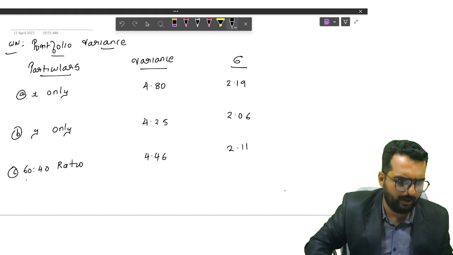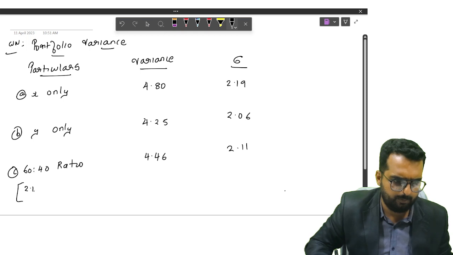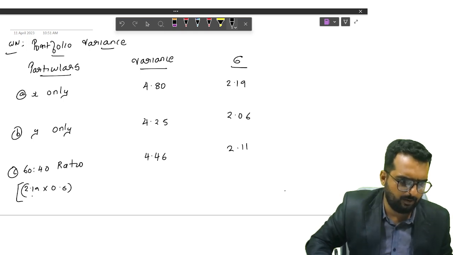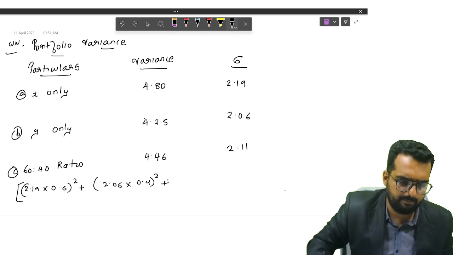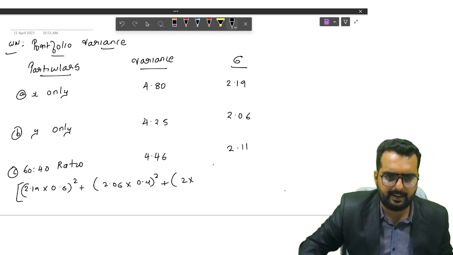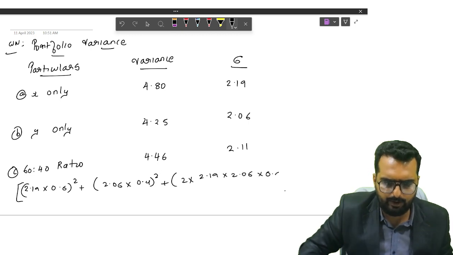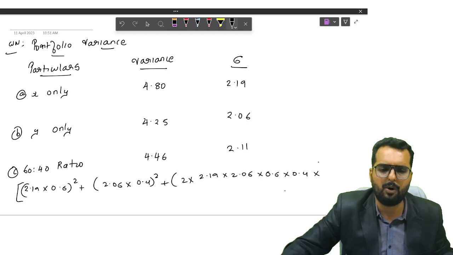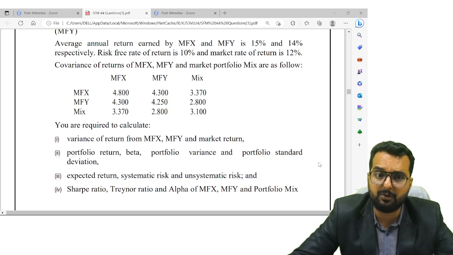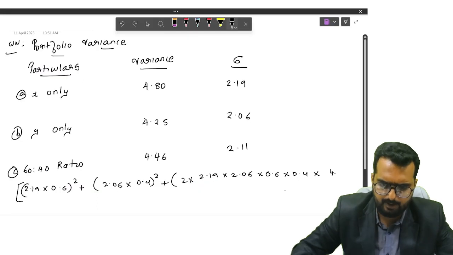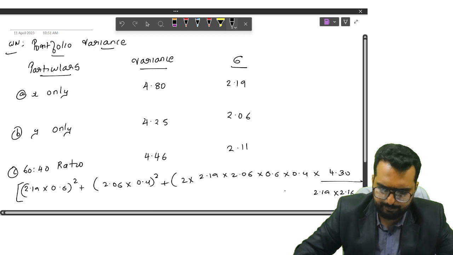So it will go like this. You will have 2.19 into 0.6 the whole square, a square, plus this is going to be your b square, plus 2 into standard deviation of x into standard deviation of y into weight of x into weight of y into correlation xy. Now since correlation xy is not there, we know the formula for correlation xy is covariance of xy divided by standard deviation x into standard deviation y.